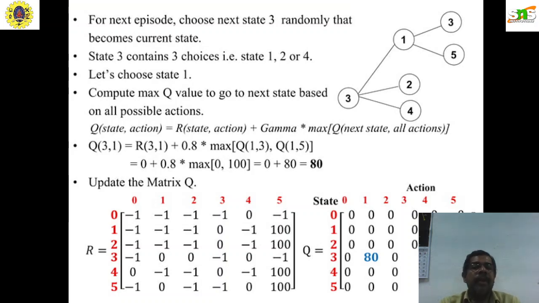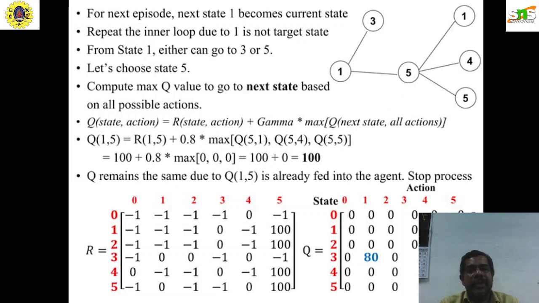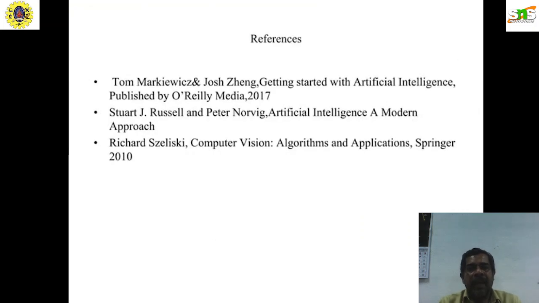This is the reward given when we move from 3 comma 1, and the possibilities are either 1 comma 3 or 1 comma 5. For that, the reward is computed as 80. In the same way, the episodes continue for the implementation of Q learning.